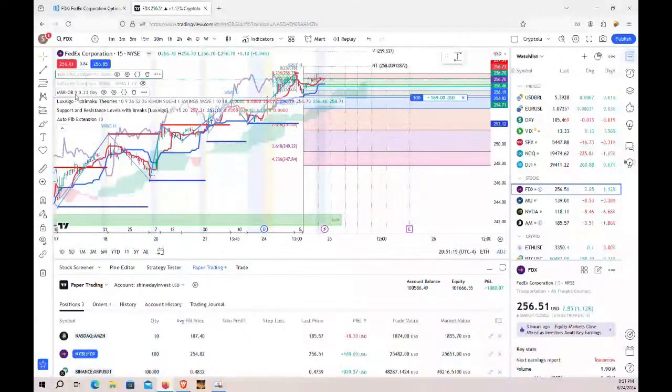I have MASOB, Lux Algo, Ichimoku theories, support and resistance levels of break. Again, Lux Algo, and auto fib extension. So I took this. I just didn't use it right now. The SATAs, which is the arrow for buy and sell, and the scalper EMA, EMA scalper 12 close.